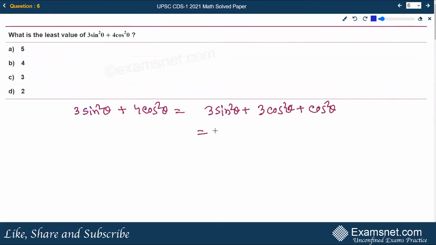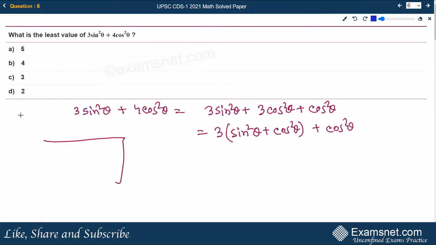Now if I take common 3, it will look like 3 of sine squared theta plus cos squared theta plus cos squared theta. We know from standard identities that sine squared theta plus cos squared theta give us value 1. So it will be 1 plus cos squared theta. So it becomes 3 plus cos squared theta.